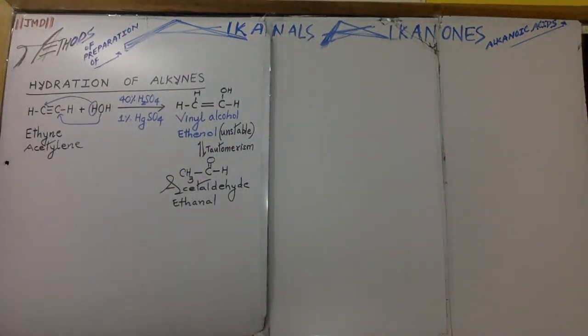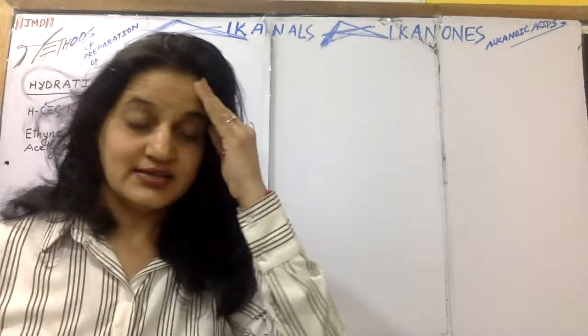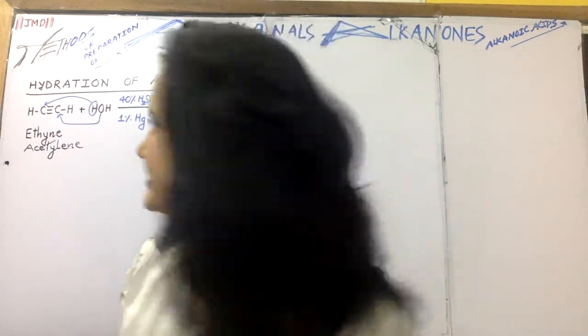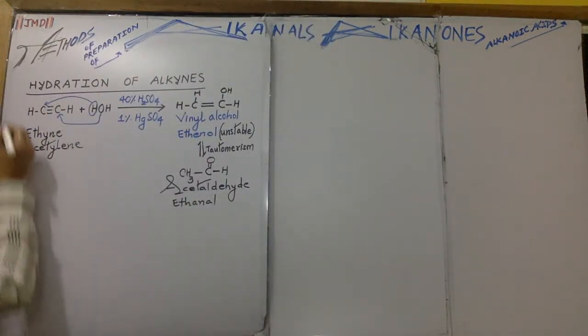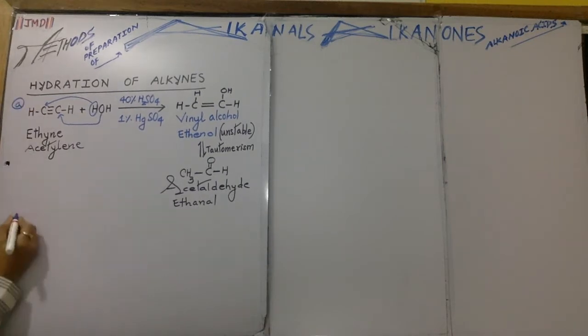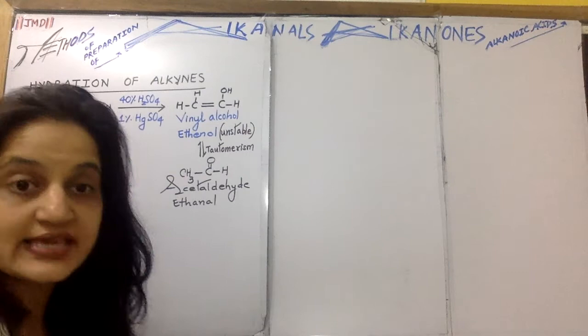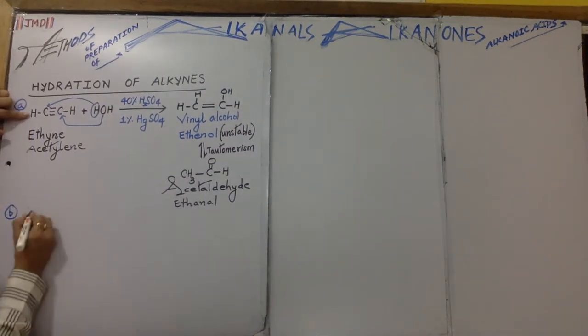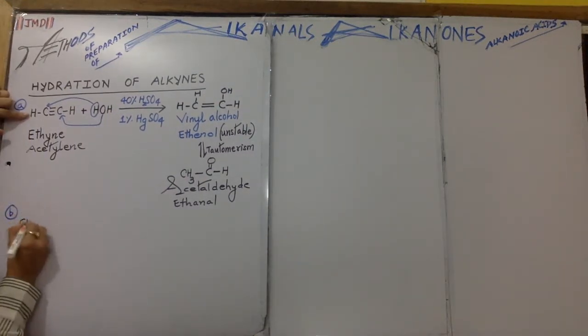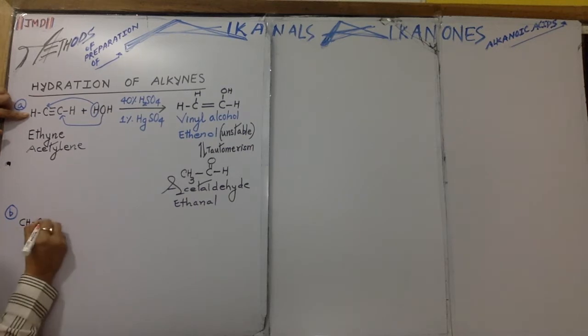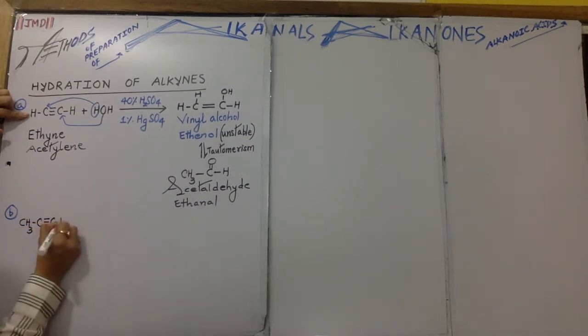That's really great. We can't prepare any other aldehyde by this method because the moment we increase the number of carbons in the alkyne, say we consider example B, I'm increasing one carbon: CH3, C triple bond CH.